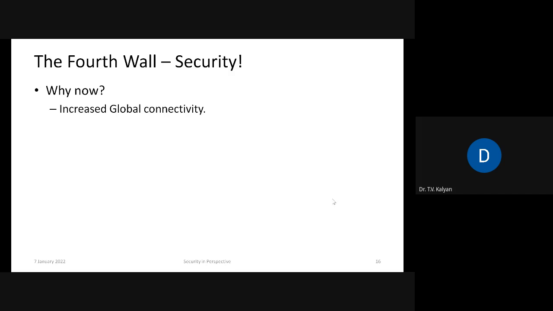But now it has become more and more serious, because our hardware is connected to multiple devices across, propelled by the increase in connectivity overall. We currently have 5G, etc., with increased speeds and increased capability. No longer is the hardware a private resource.